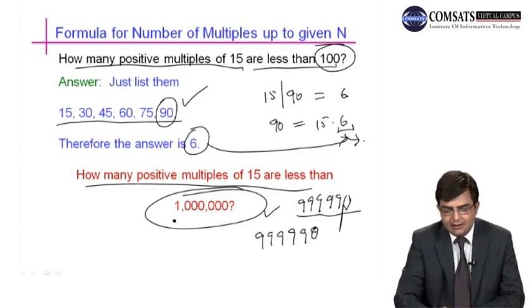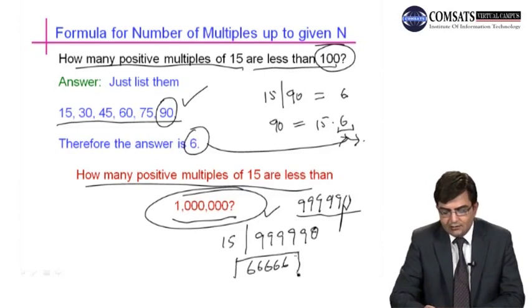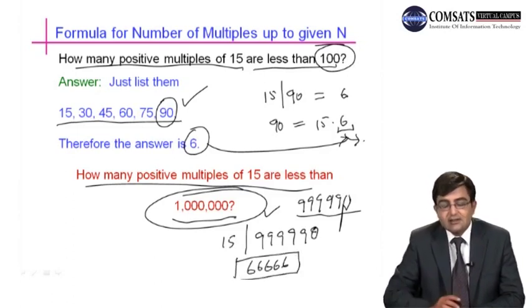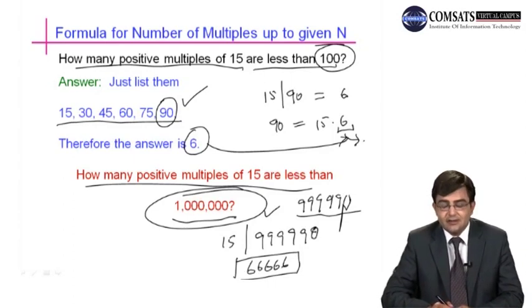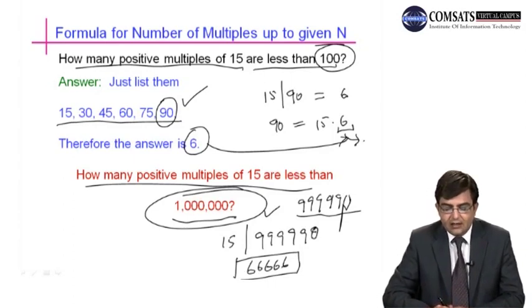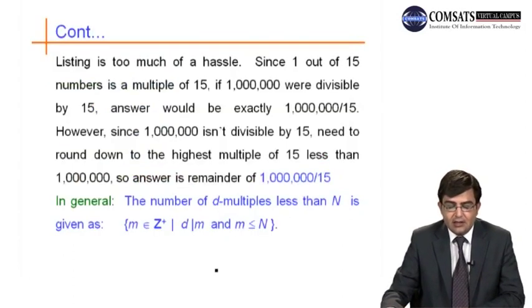This is the number immediately less than 10 lakhs which is divisible by 15. If we divide this number by 15, the answer is 66666. So there are 66,666 multiples of 15 which are less than 1,000,000, you can say.